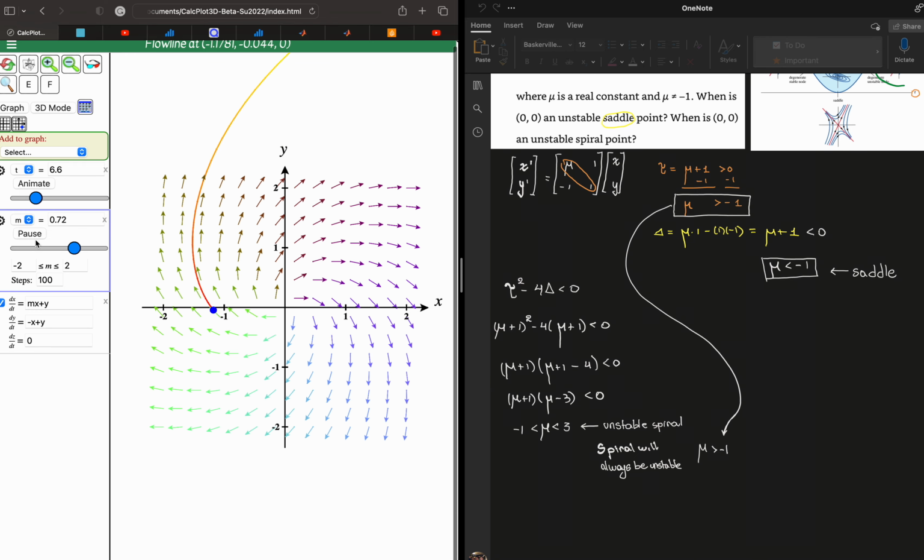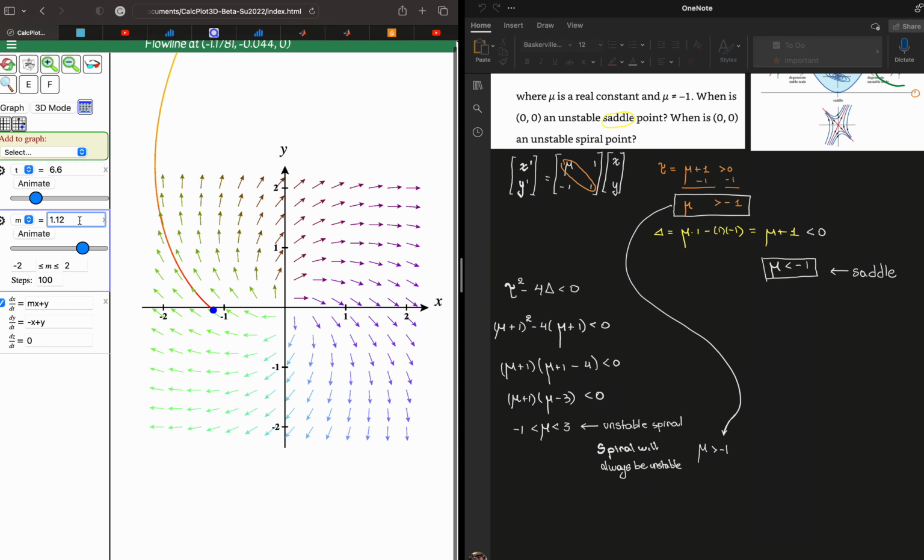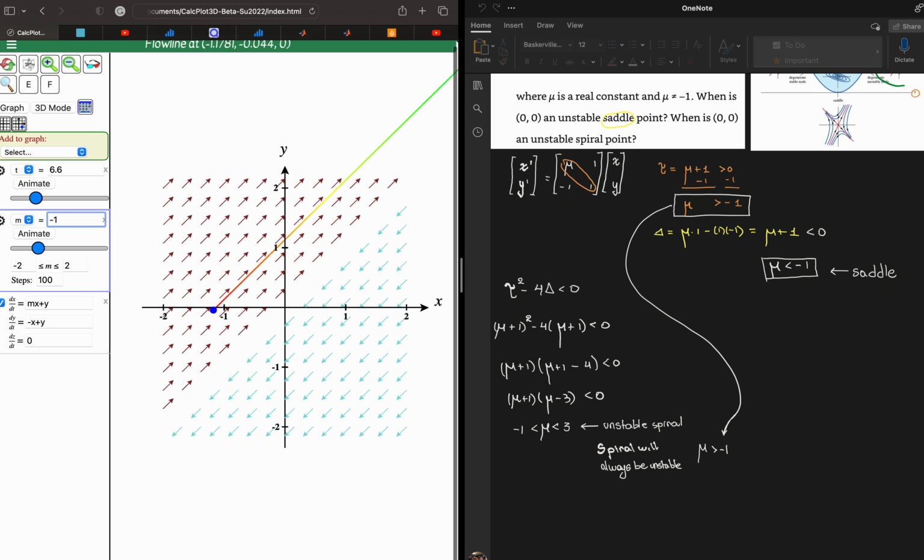So I wonder what happens at -1. So if we go to -1, oh, this is the limit case. And I think this is an interesting case to look at. I still don't know exactly what eigenvalues this comes from, but I think it's super cool.